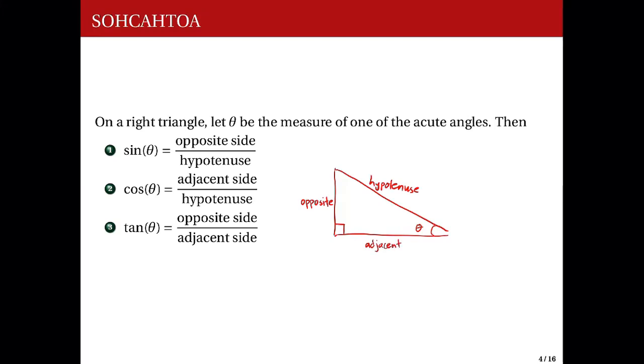The value of sine theta is equal to the opposite side over the hypotenuse. The value of cosine theta is equal to the adjacent side over the hypotenuse. And the value of tangent theta is equal to the opposite side over the adjacent side. So SOHCAHTOA: S-O-H, C-A-H, and T-O-A.